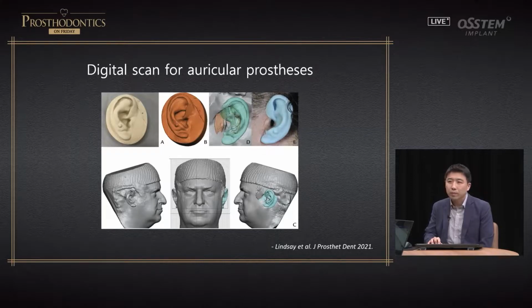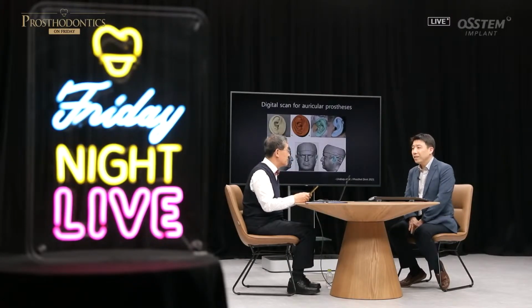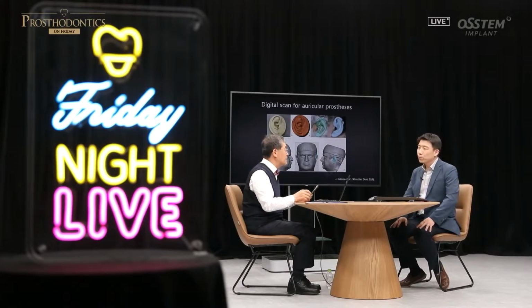It's a bit early, but I'd like to ask you a question. I'd like to ask about the accuracy of facial scans. In the case of maxillofacial prosthesis patients, you need to take a scan and provide a prosthesis.